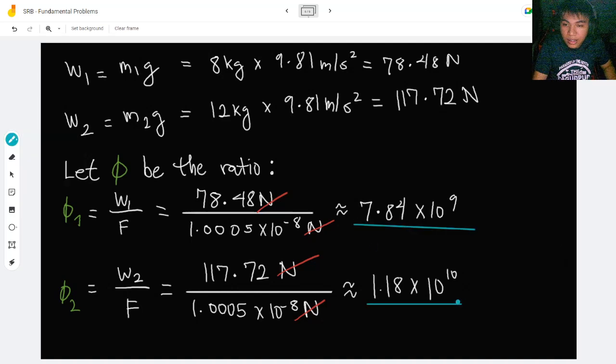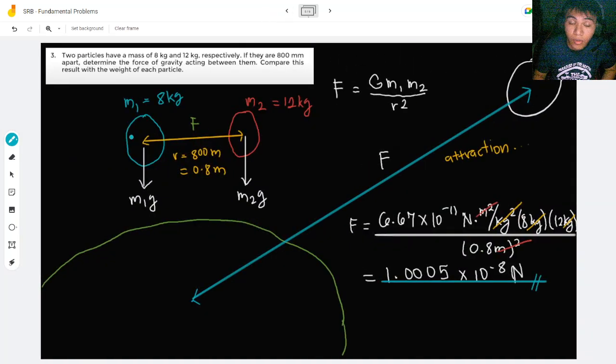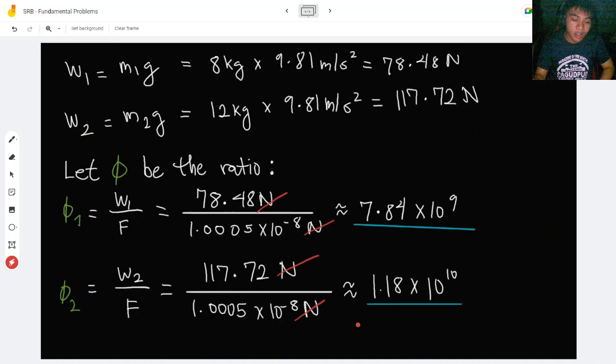This means that for the first one, the force acting on these two bodies is 7.84 times 10 to the ninth power smaller than the weight of the 8 kilogram particle. And for the second one, it's the same.